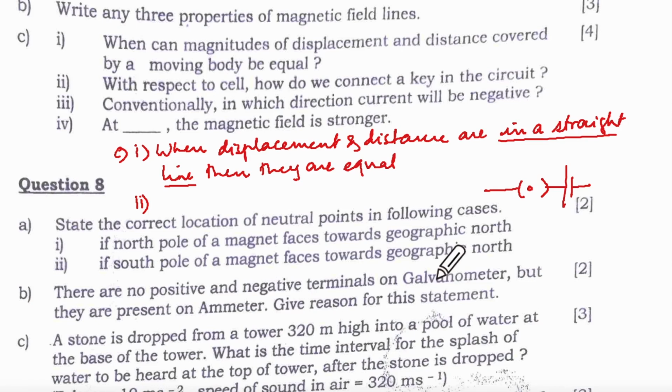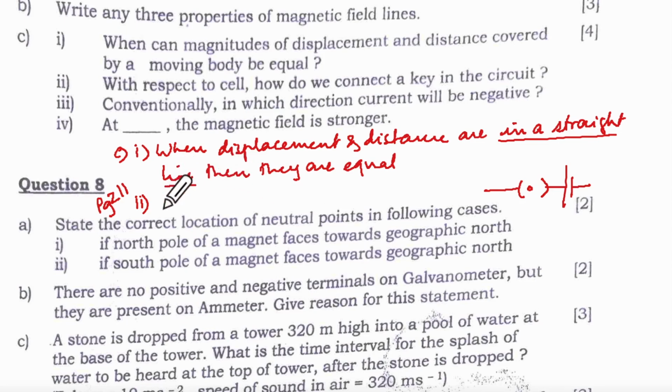Page 211. Did you spot how the plug key is connected? The key is always connected in the wire connecting the higher potential, that is the positive terminal of the battery. They didn't say in series?